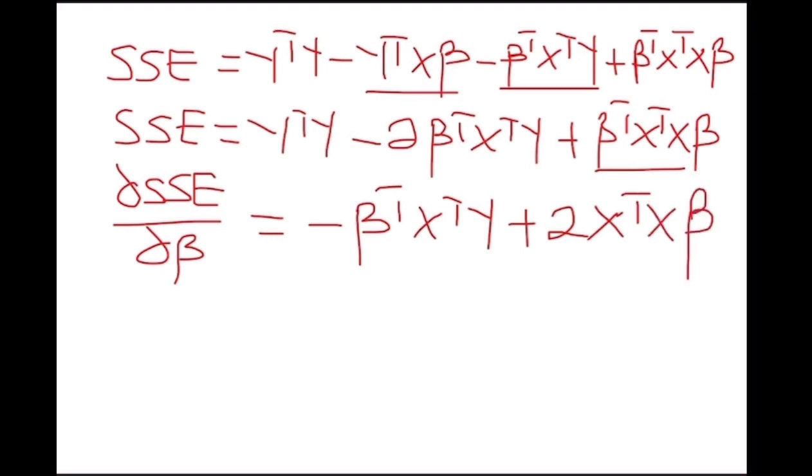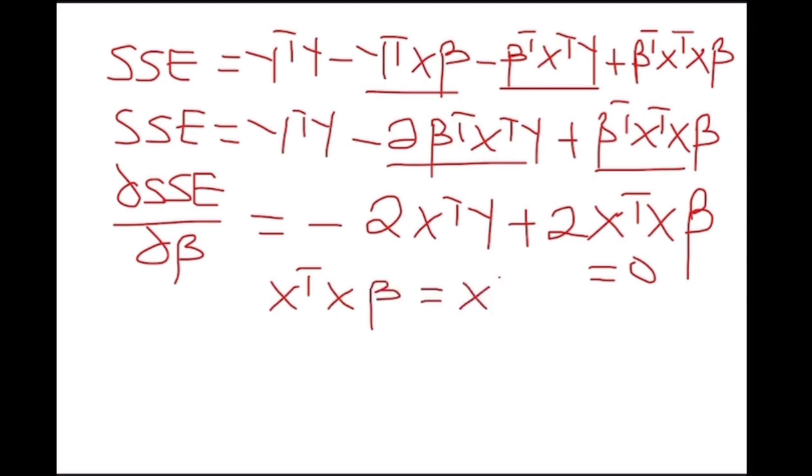Differentiating that term should give 2 X transpose y, because we're differentiating with respect to beta. So when you set that to 0 and cancel out the 2, I'm going to have X transpose X beta equal X transpose y.